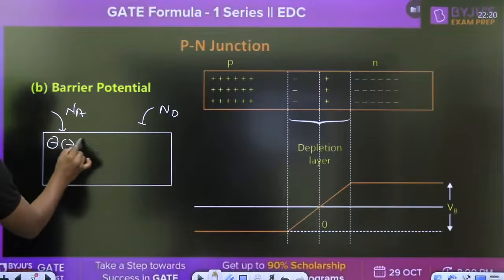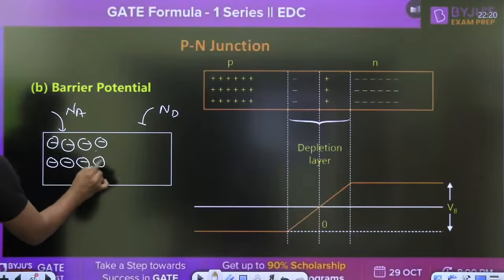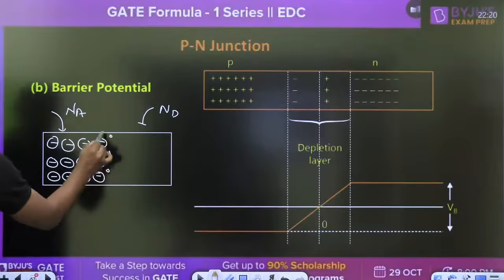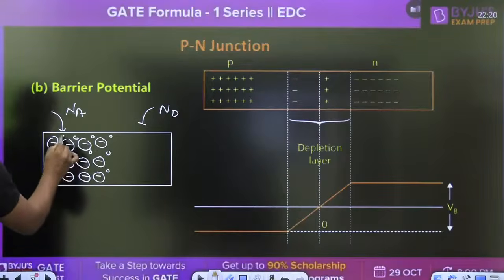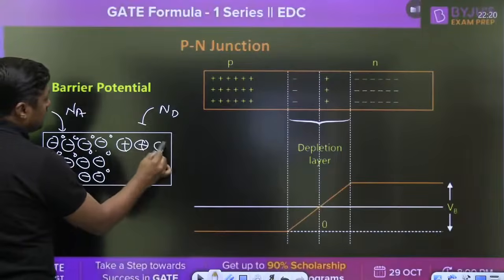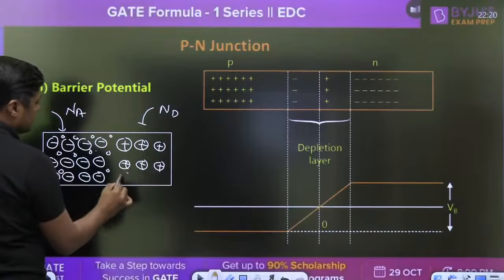There is no Fevicol joint, remember that. It will accept one electron and create holes. It will donate one electron and become a positive ion.